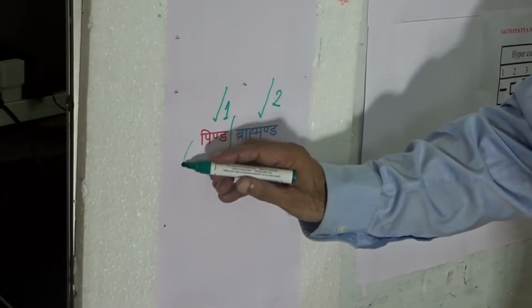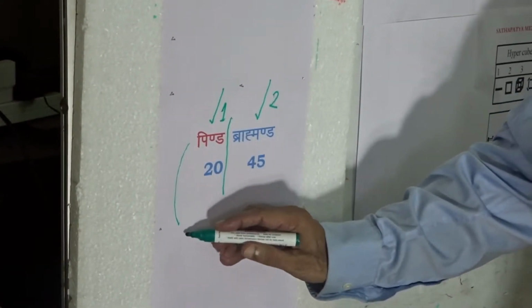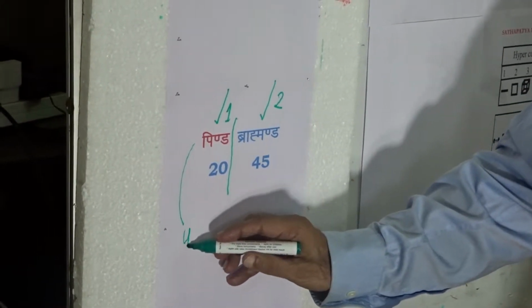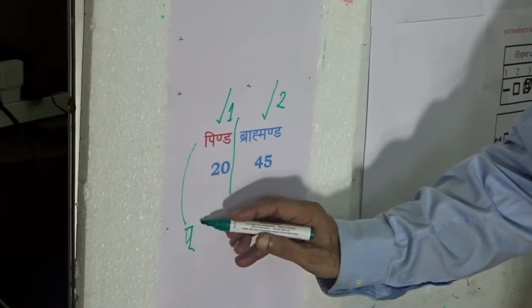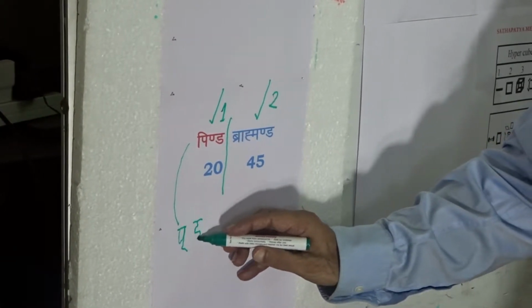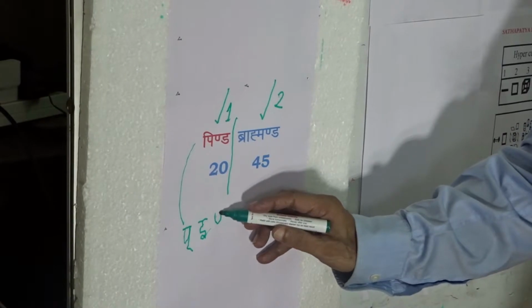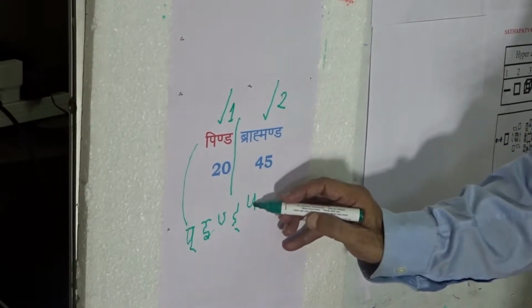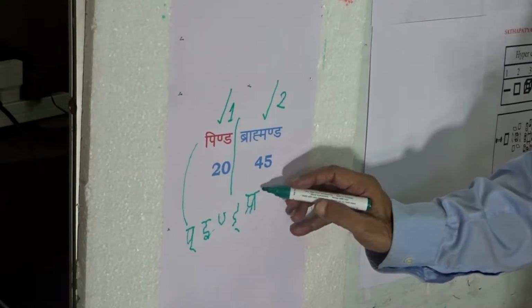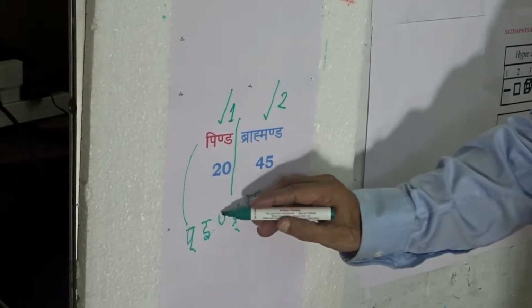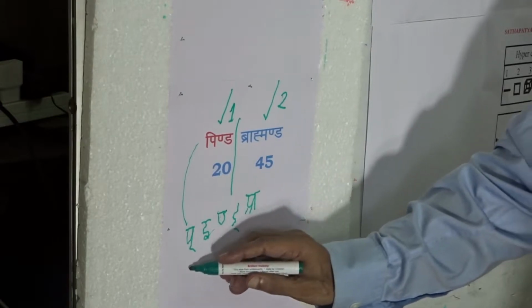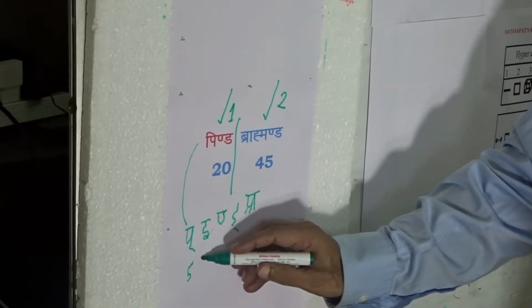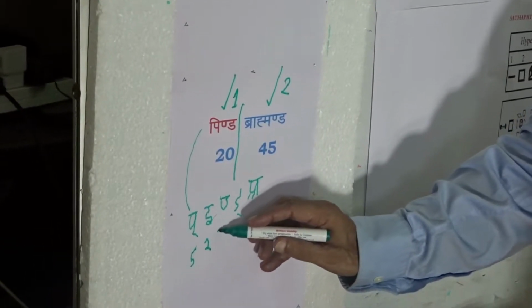First of all, let us see the letters being availed by this pair of formulations. First formulation, Pind, is availing 5 letters, and these 5 letters lead us to TCB values.